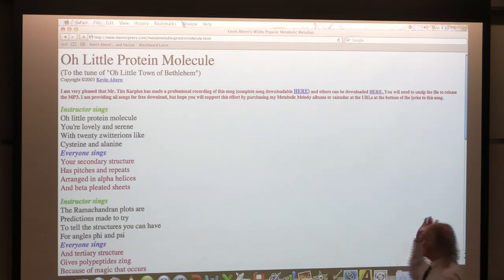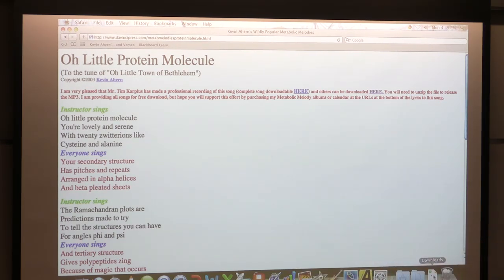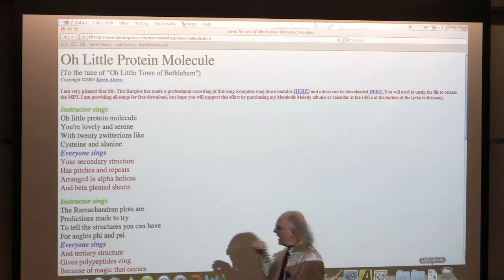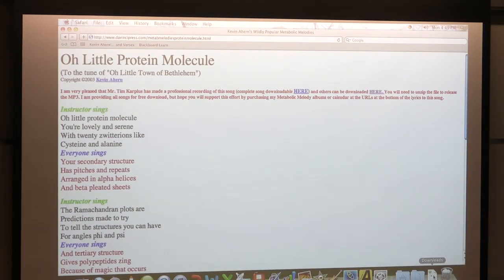Arranged in alpha helices and beta pleated sheets. The Ramachandran plots are predictions made to try to tell the structures you can have for angles phi and psi. We'll talk about that next time.